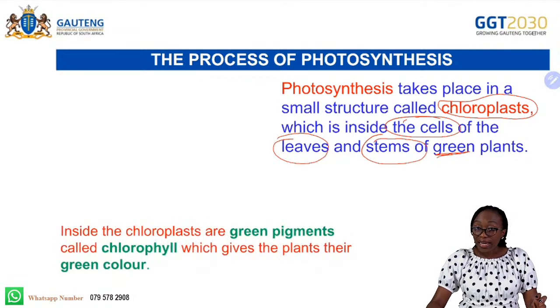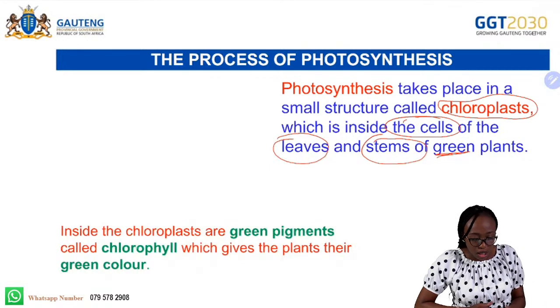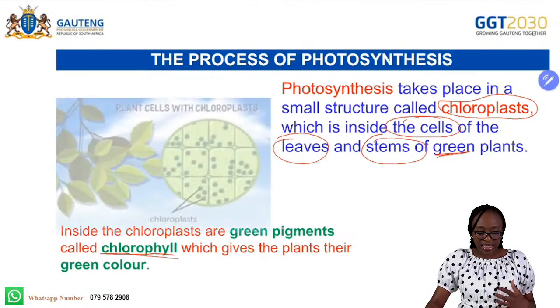Now, inside the chloroplast, we find something special inside. We find green pigments. So inside the chloroplast are green pigments, and these green pigments are called chlorophyll and give the plant its green color.